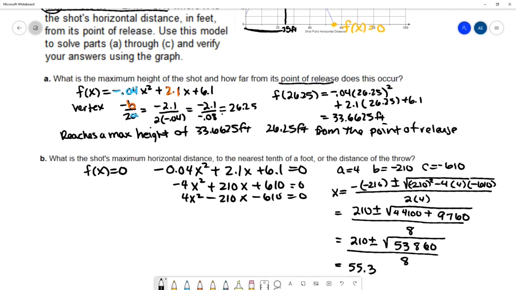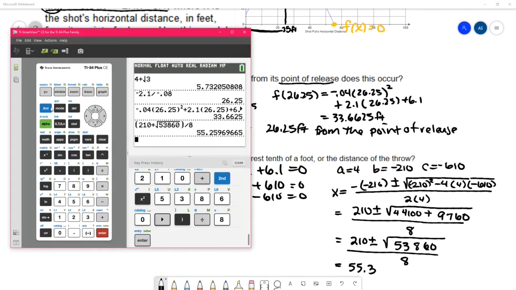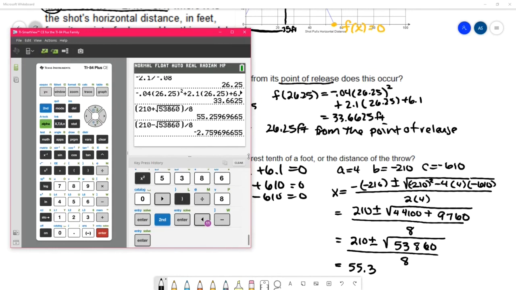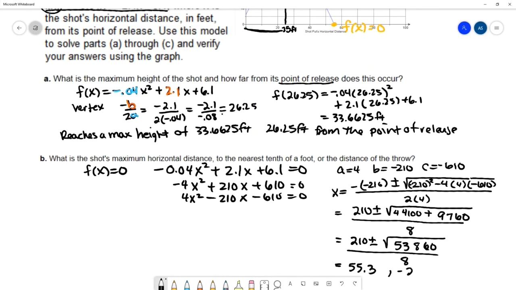And there's one more x-intercept, which has a minus right here. So 210 minus the square root of 53,860, over 8. That's a negative value, which doesn't make sense, so we can throw that one away. So we have a maximum horizontal distance of 55.3 feet.